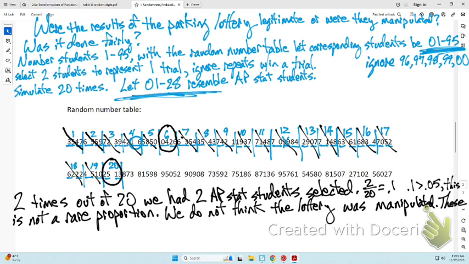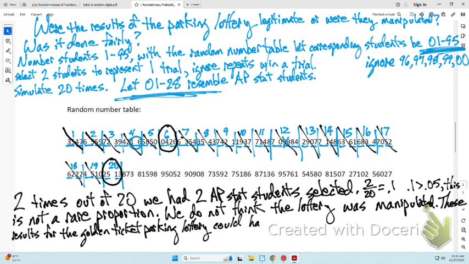These results could, let's make sure we get some context in there for the golden ticket parking lottery, could have happened by chance.